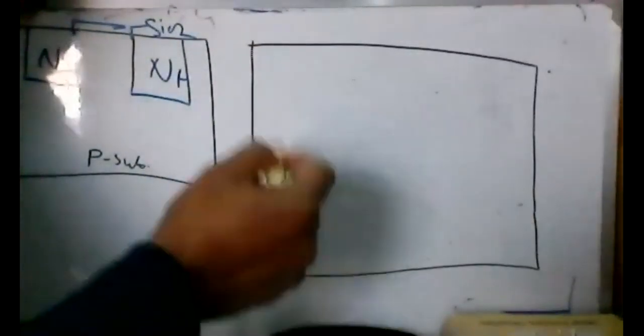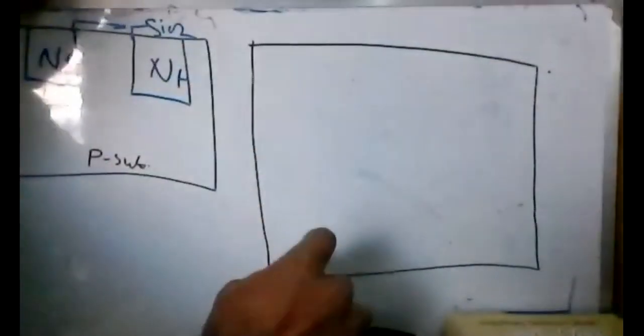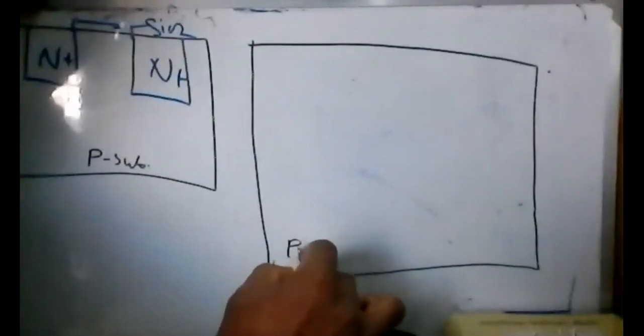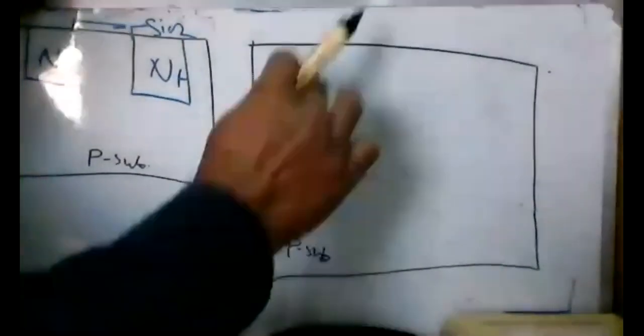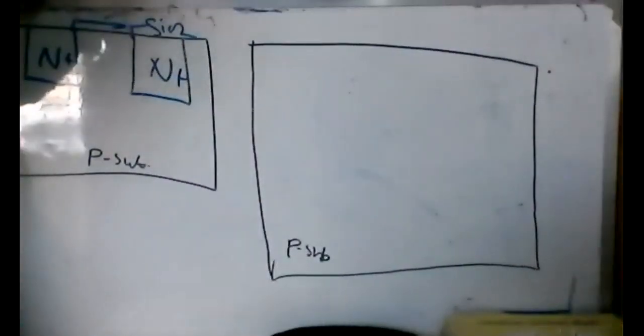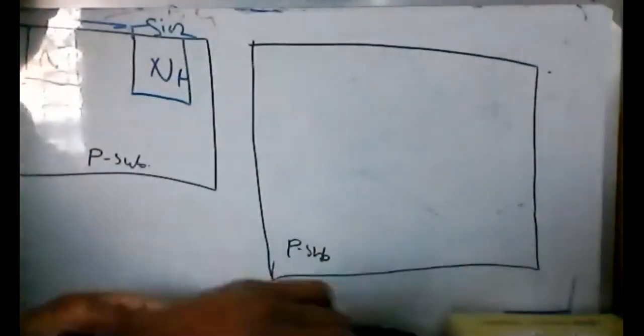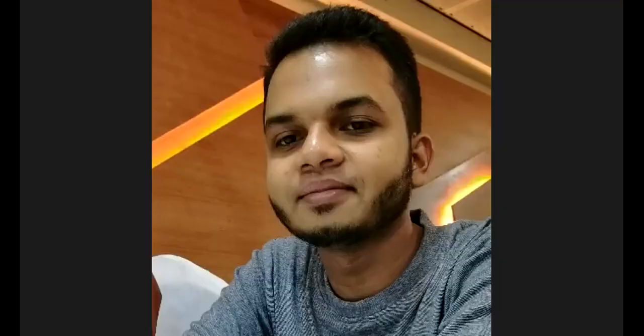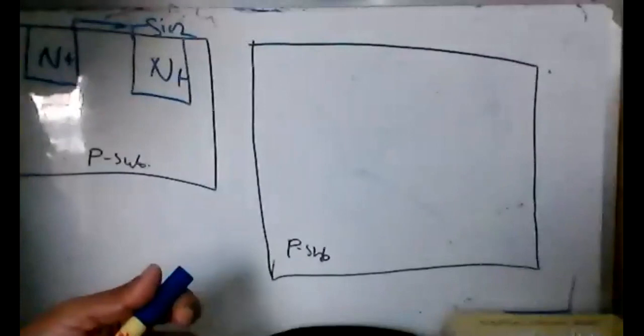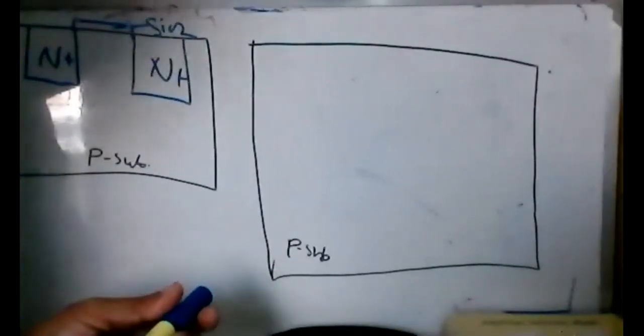Like this is a blank wafer, right? Blank silicon, and this is a p-type silicon, this rectangular or square shape, whatever you say. And on top of this, this is the one we have to design in our layout.